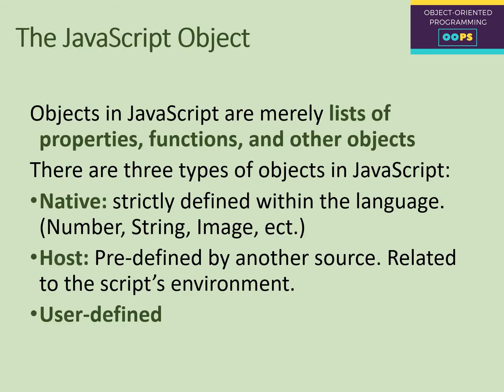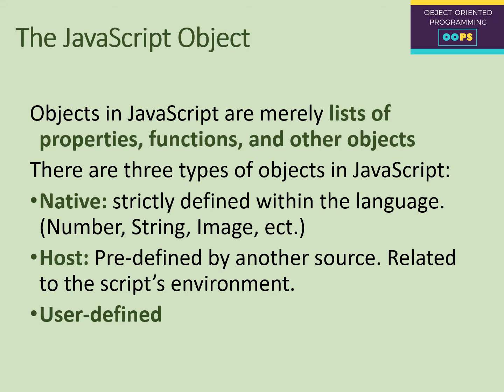As I said, JavaScript is an object-based language and we already studied the different object models that are considered in JavaScript, like the document object model and the browser object model.